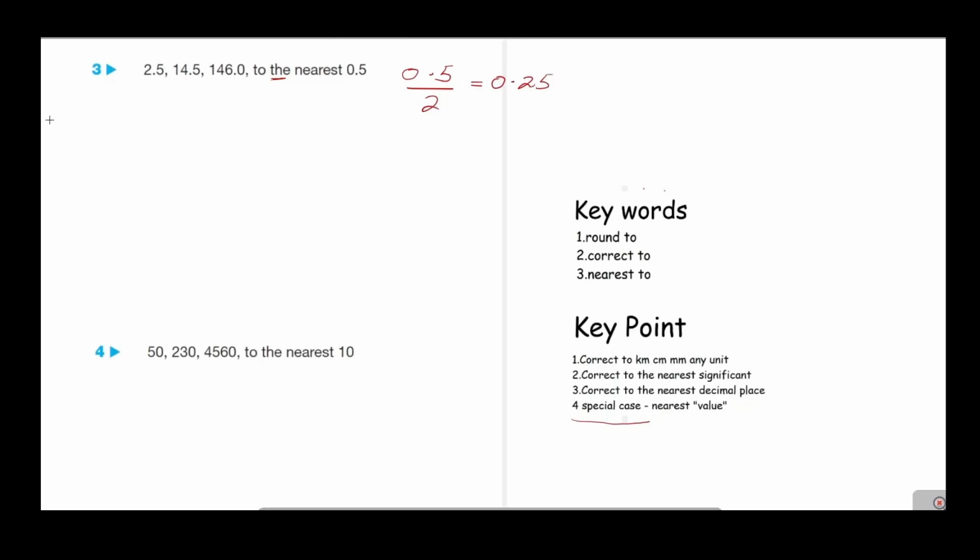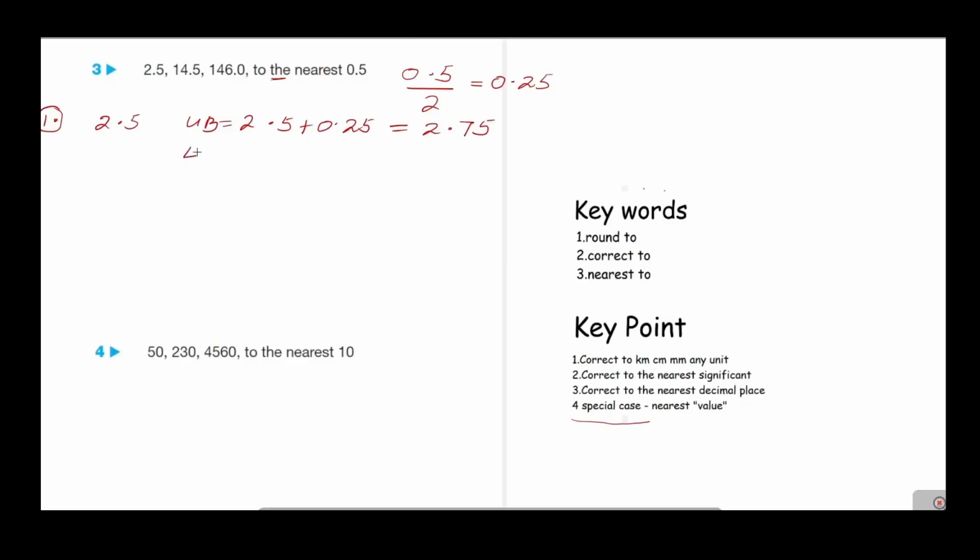So let's get the first measurement, which is 2.5. If I want to get the upper bound, I have to add 0.25. Then it becomes 2.75.